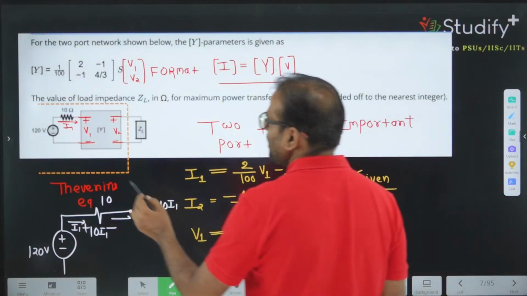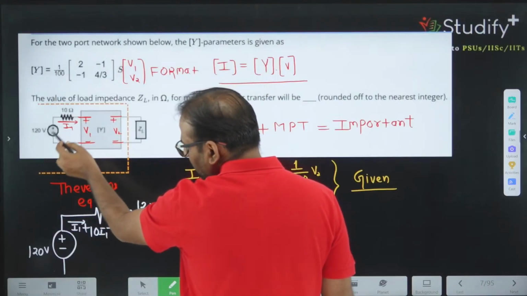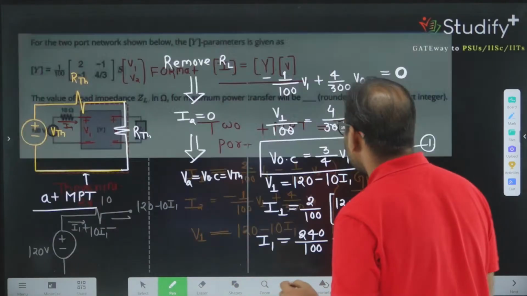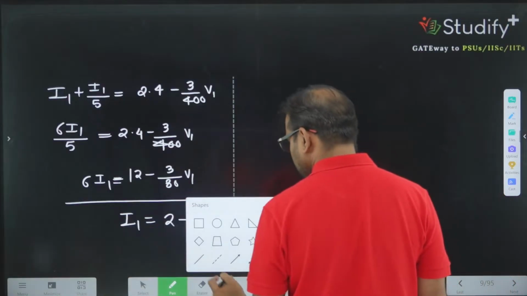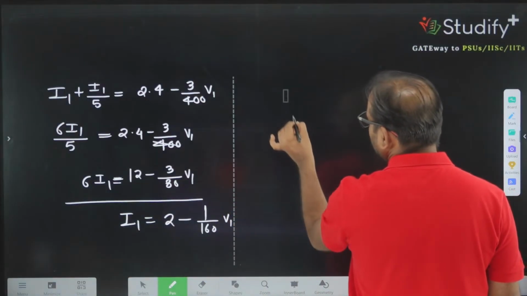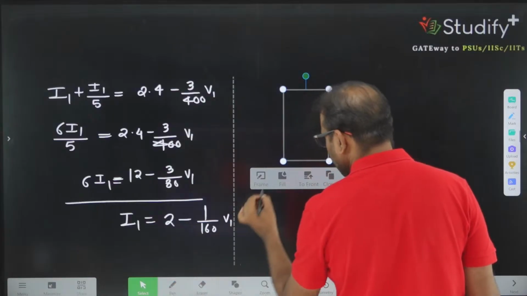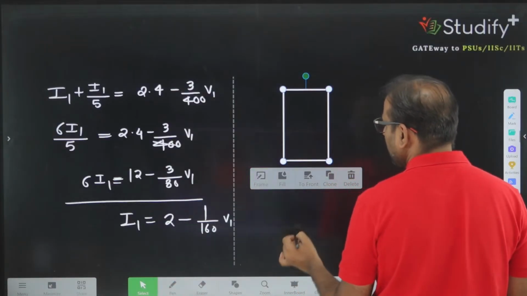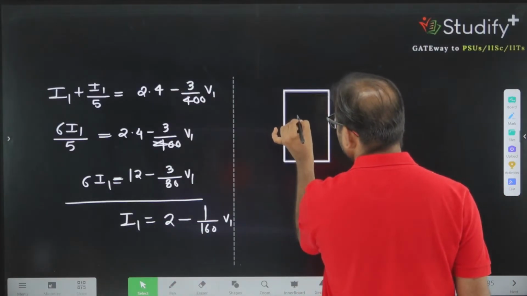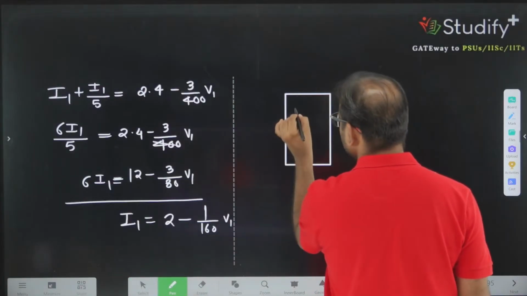So you know how to calculate ZL by making this part equal to 0. What is the idea for calculating the ZTH? If this is a two-port network, deactivate all voltage sources and current sources.